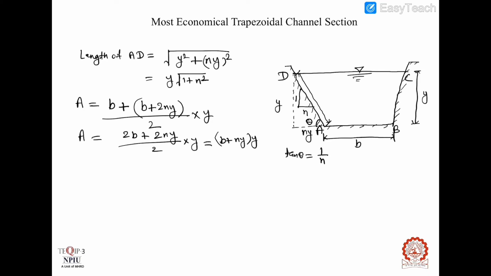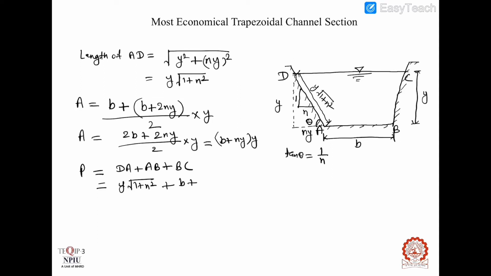Now let's see the perimeter. What is the perimeter? The perimeter is the length of the boundary which is in contact with water. So in this case the perimeter is DA plus AB plus BC. DA is y root over 1 plus n square.